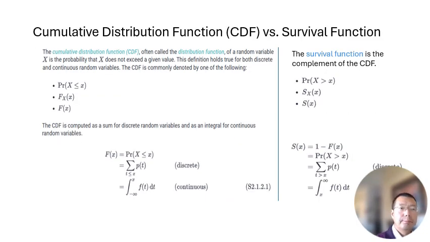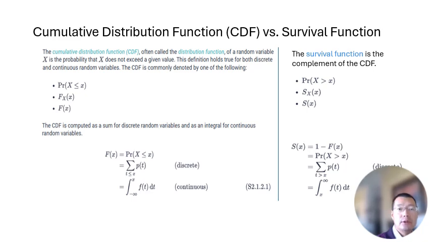Once we have the PMF or PDF, the next function that we can calculate is the cumulative distribution function. The cumulative distribution function, CDF, also called just the distribution function, of a random variable X, is the probability that X does not exceed a given value. This definition holds true for both discrete and continuous random variables.